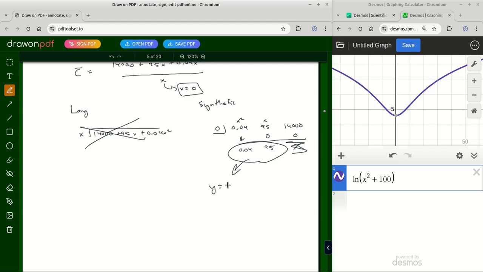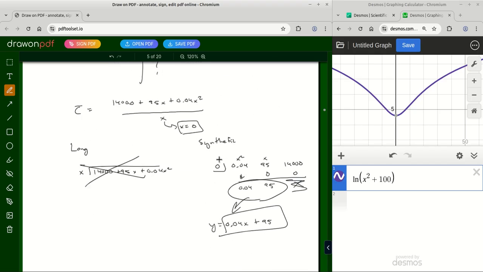And so I got y is equal to 0.04x plus 95. And that is the answer that they want. In fact, I think they want this because that's what I boxed in. Okay, so there's your slant asymptote. There's your formula for it, division without remainder. And you could do the long division, but that totally takes forever, and it's not worth your time right now.